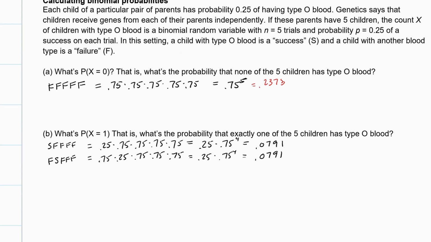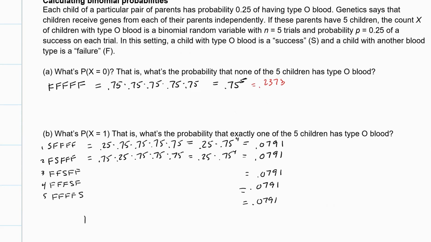And if we go through the rest of these, failure, failure, success, failure, failure, or failure, failure, failure, failure, success, all of them end up being 0.0791 each time. And how many of these did we have? We had one, two, three, four, five of them.